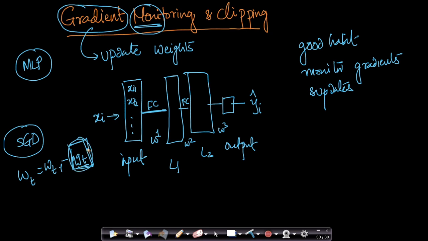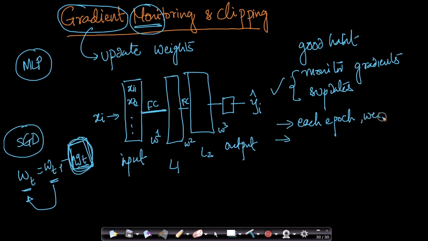If you're using AdaGrad and other stuff, it's slightly more complex. But in a nutshell, you're changing your wt minus 1 to wt using this update. So you should always monitor your gradients and updates, for each epoch, for each weight, and for each layer.